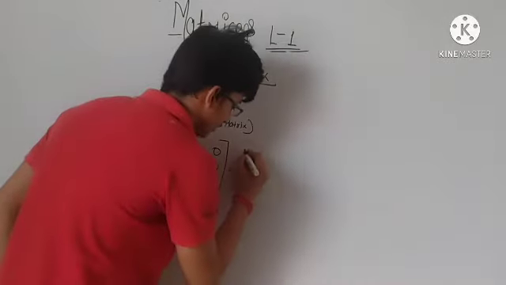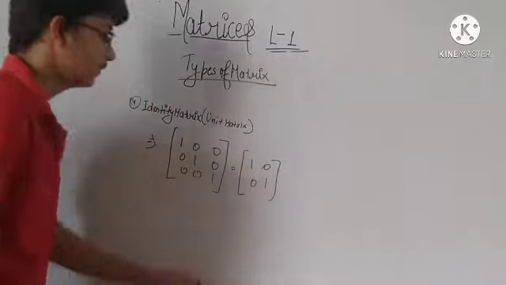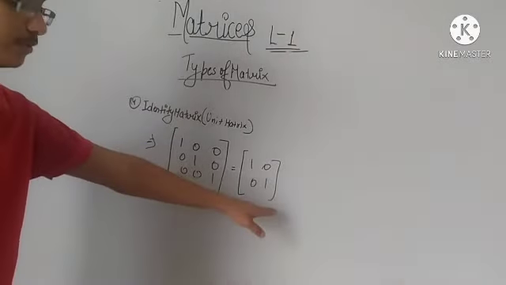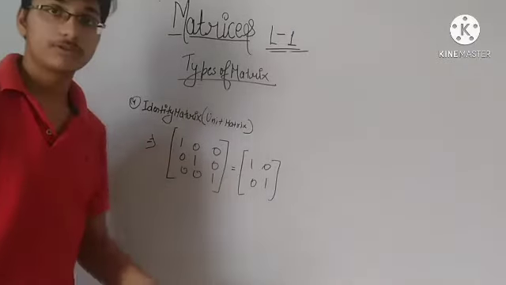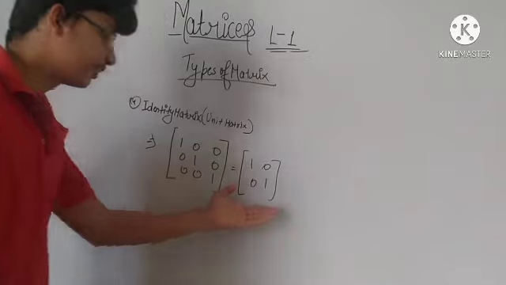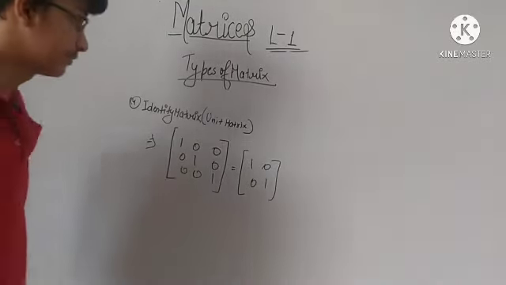Here the second is the 2 into 2 matrix 1, 0, 0, 1. So both the 2 into 2 matrix and the 3 into 3 matrix are identity matrices, a square matrix having only the main diagonal as 1 and the others 0.